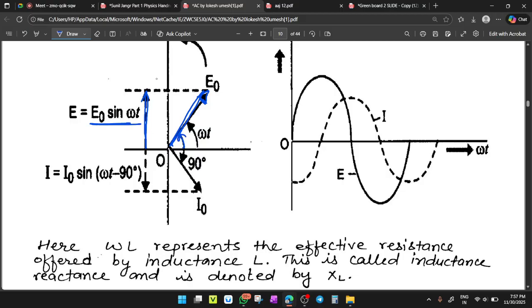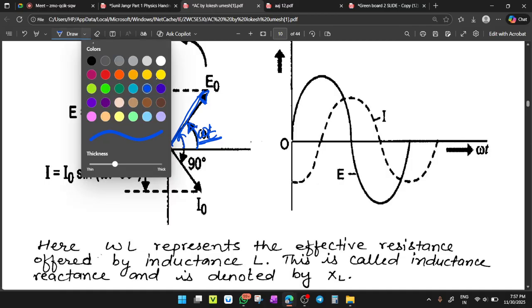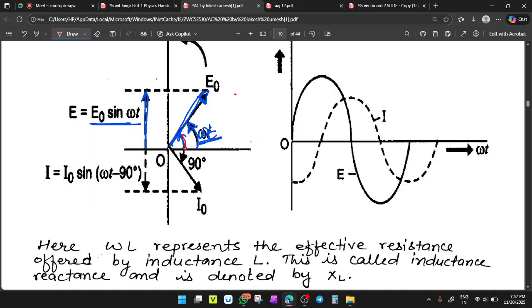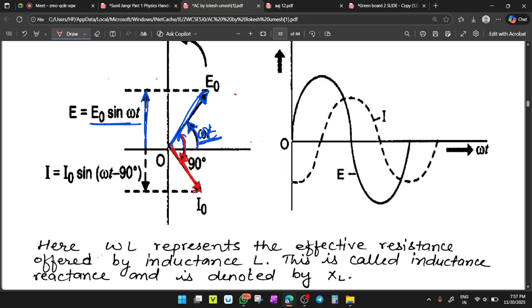This angle in the anticlockwise direction you have turned omega t first. After that you move an angle of 90 degrees clockwise. So you will have a phasor for the current with maximum value I naught, and its vertical component is I equals I naught sine omega t minus 90. Clear?